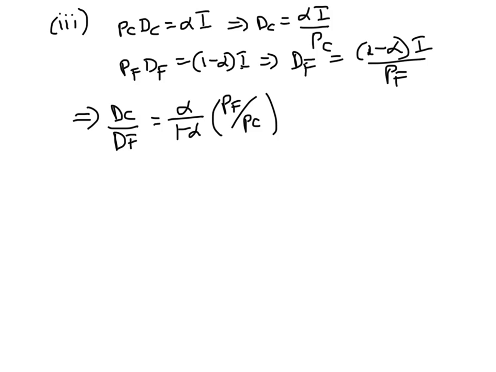Now, in order to find what the relative price is, you obviously need to find what the relative supply of cloth to food is. Now, remember that there's Leontief technology, which means that factor market equilibrium implies that the following has to hold.